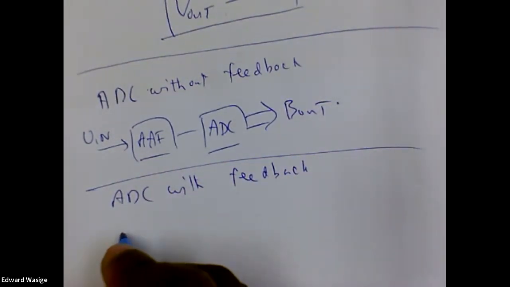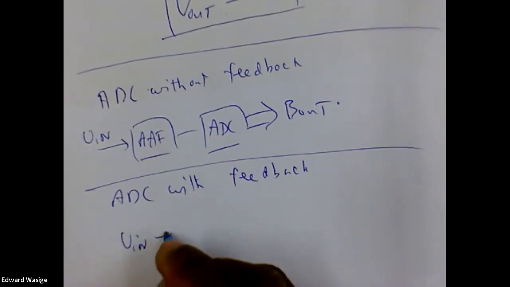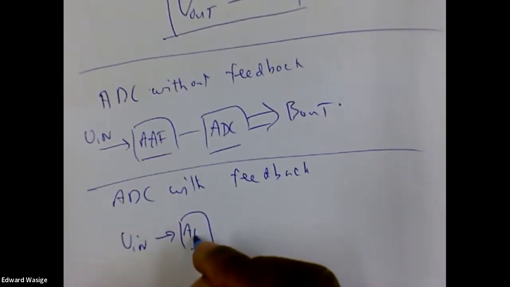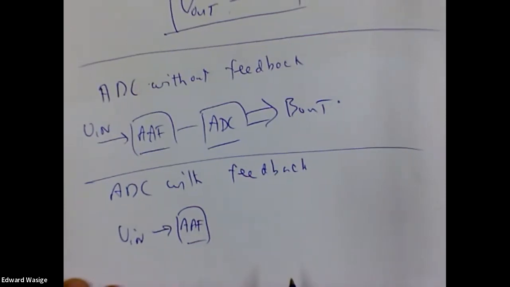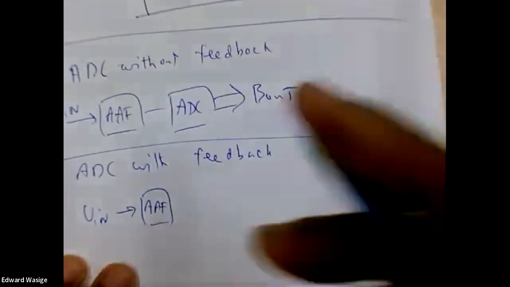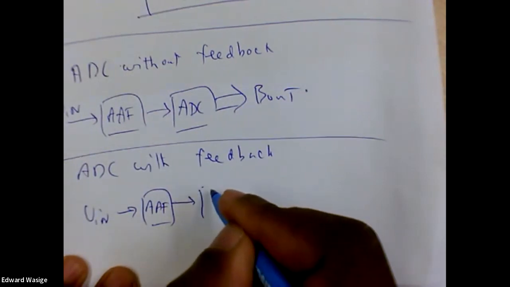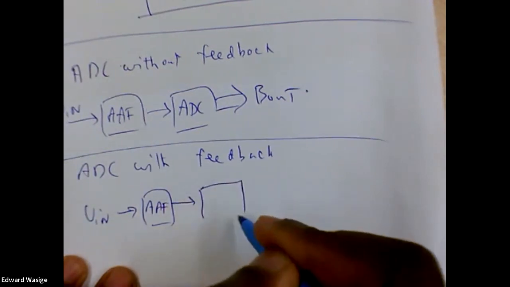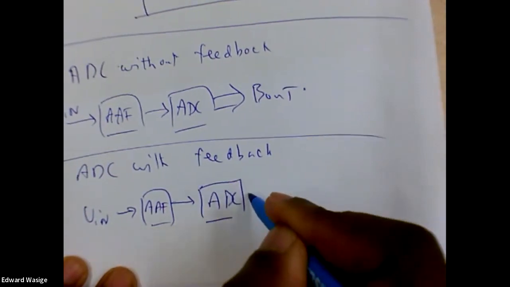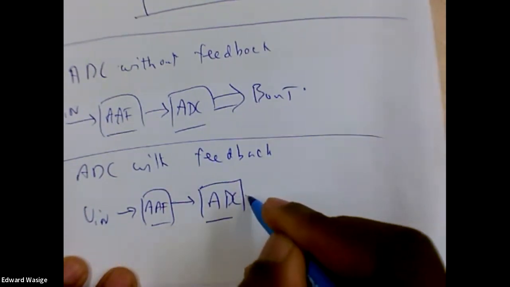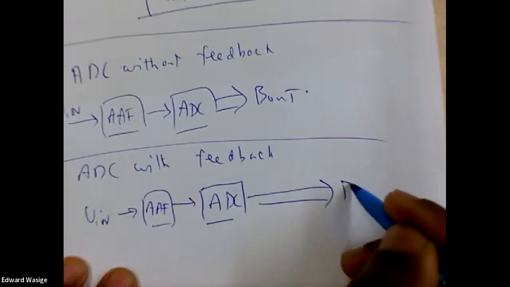So I'll still have my V in. I can go to my anti-aliasing filter. After this, I can go to the ADC, and here I go to B out.